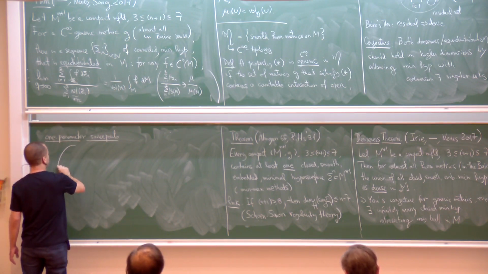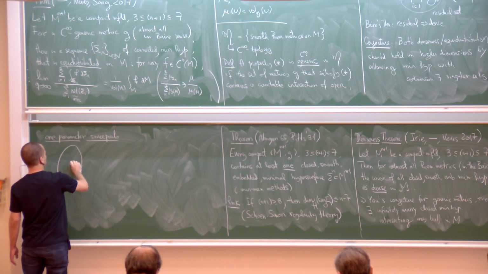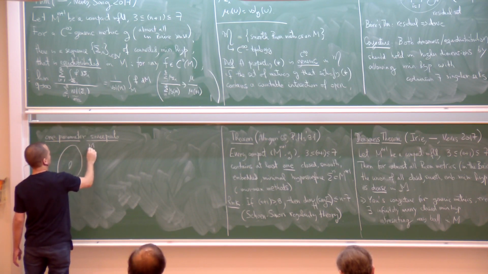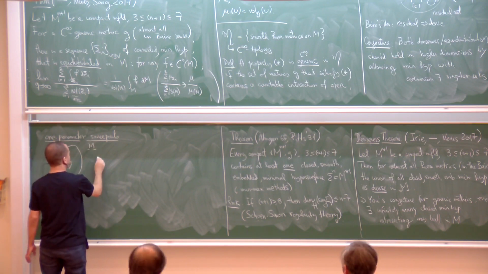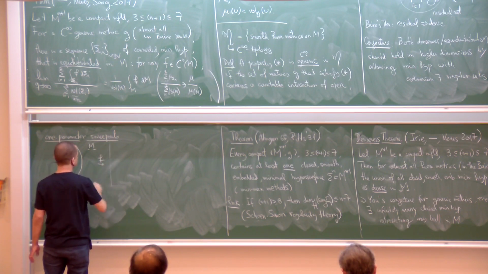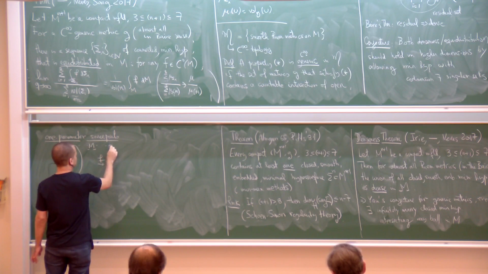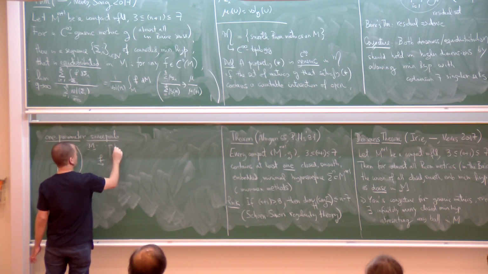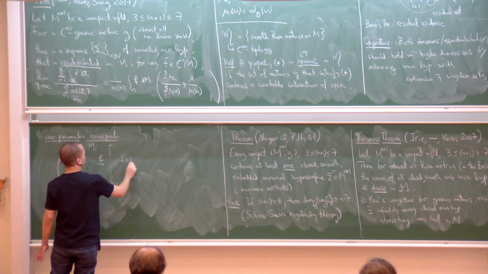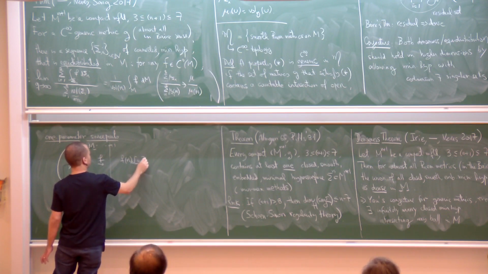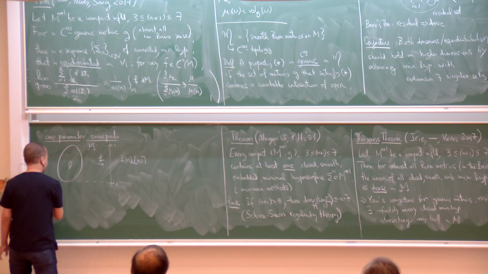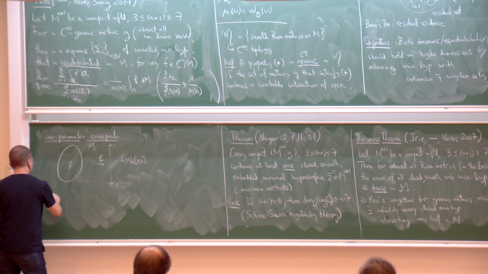If you have a Riemannian manifold M, you can choose your favorite Morse function f. Maybe you can normalize it so that the image is the interval [0,1]. Then I can talk about the following family.